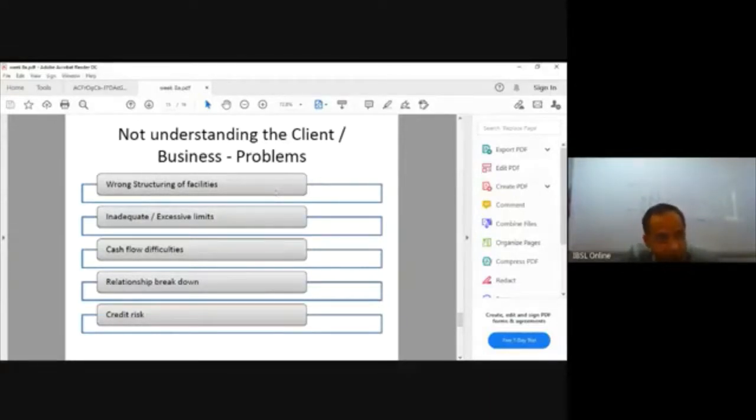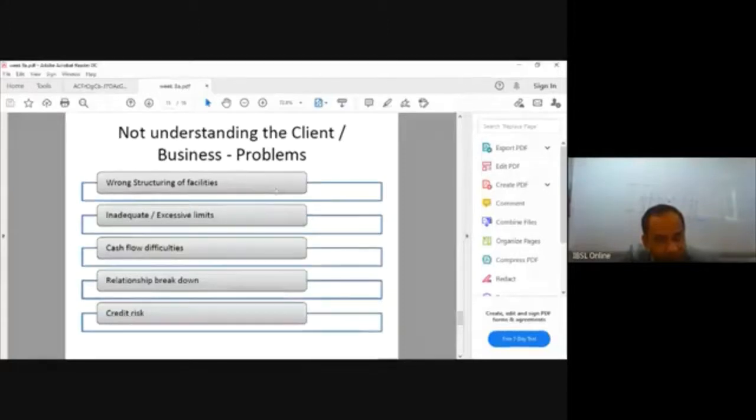Now all these facilities need to be structured properly. If you are giving an import line facility, an LC, it has to depend on the customer's turnover, how long it takes once you open the LC or give an order for the shipment to arrive, how long it takes for them to turn it over, sell it, and get the money. Based on that only, you must fix the limits.